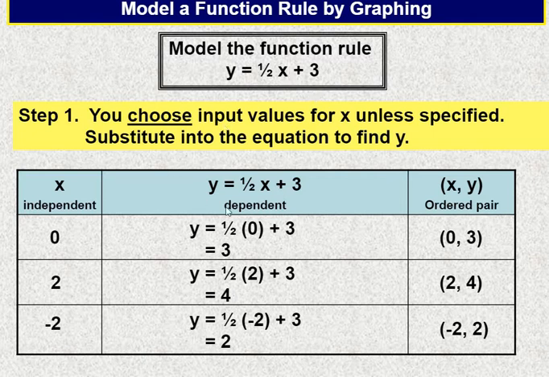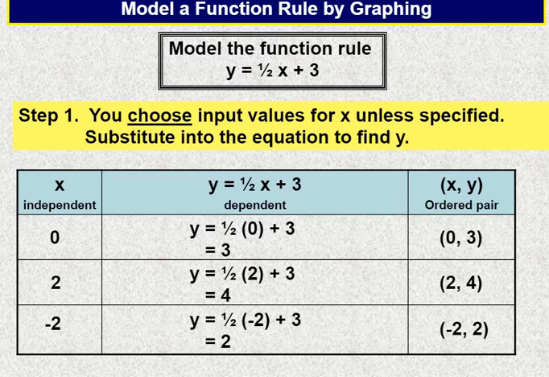So if you want to find y, you have to substitute x in the function rule. Here, when you substitute it, you find half times 0 is 0, plus 3 is 3. Now this point is an ordered pair, a coordinate of x and a coordinate of y. It's the point I will graph on the xy coordinates.